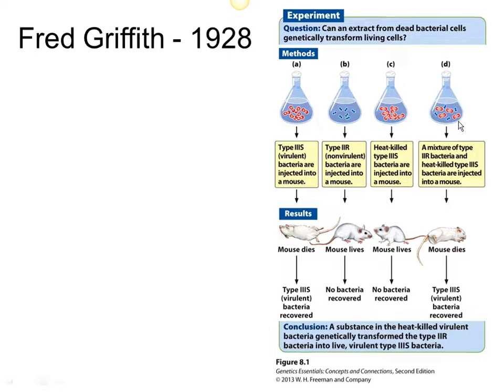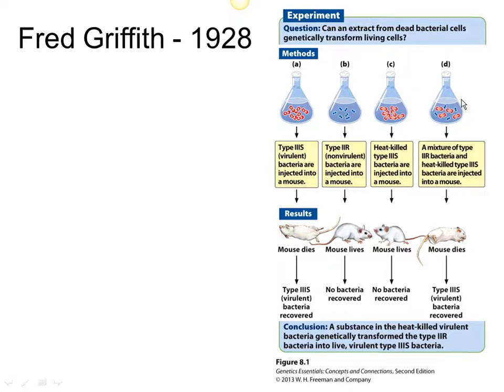Now you should recognize what's going on here, because we've already talked about transformation. Transformation of bacteria recombines genes from a dead cell, which enter into a live cell and recombine with that chromosome and give you a new trait.